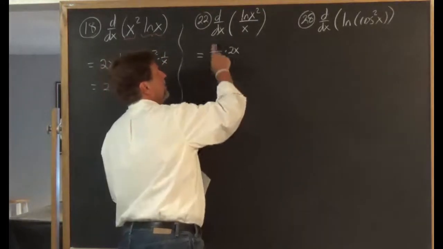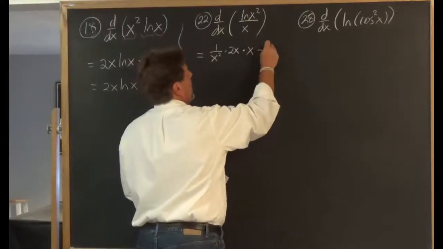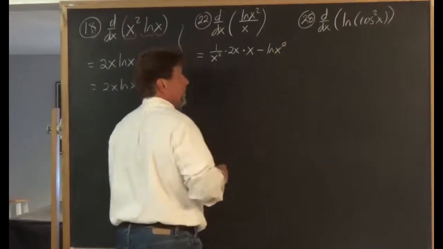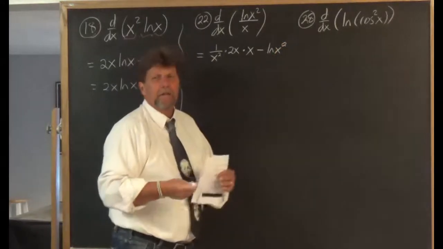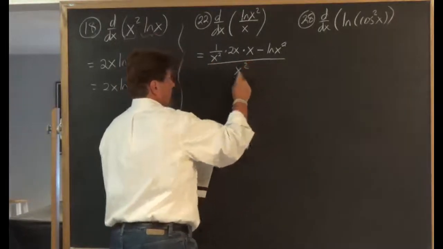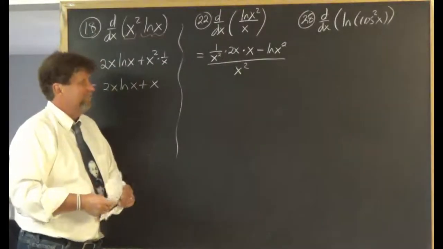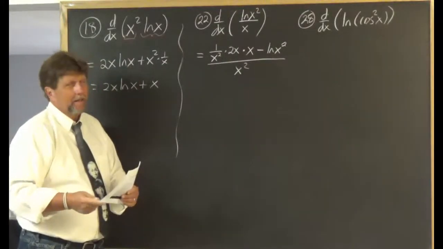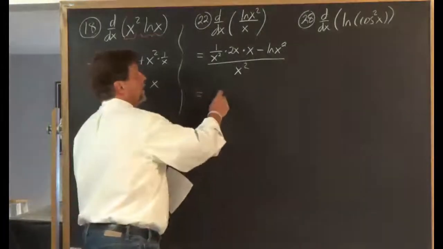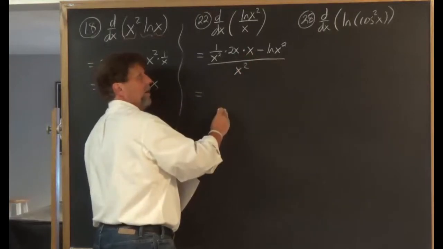So that's the derivative of the numerator times the denominator minus the numerator times the derivative of the denominator, which is 1, and that's all over the denominator squared. So this is just screaming to get cleaned up a little bit. Look here. We know 2x times x is 2x squared.